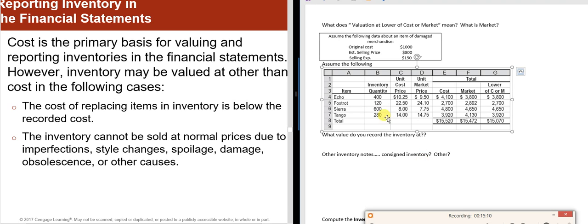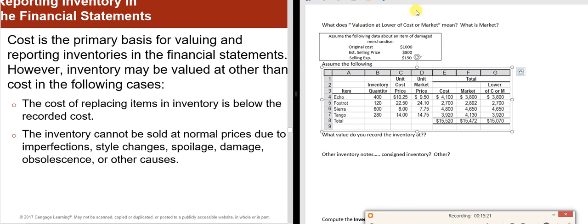Okay, so what does lower of cost or market mean? In the idea of lower of cost or market, there are a couple of different uses of the word market. Sometimes market means what I can sell it for minus disposal costs, and sometimes market means replacement cost. We're going to do the first one.